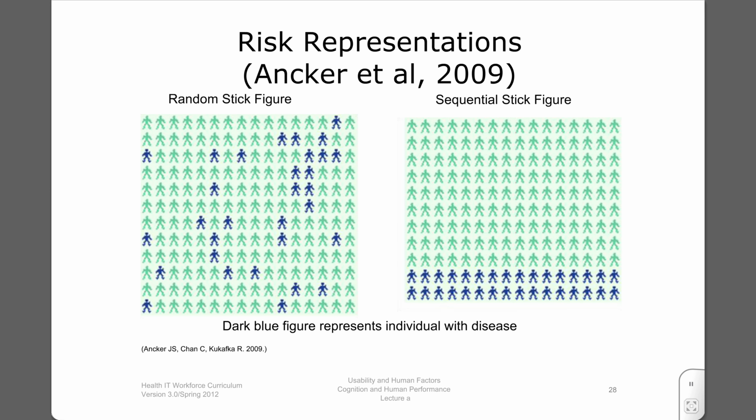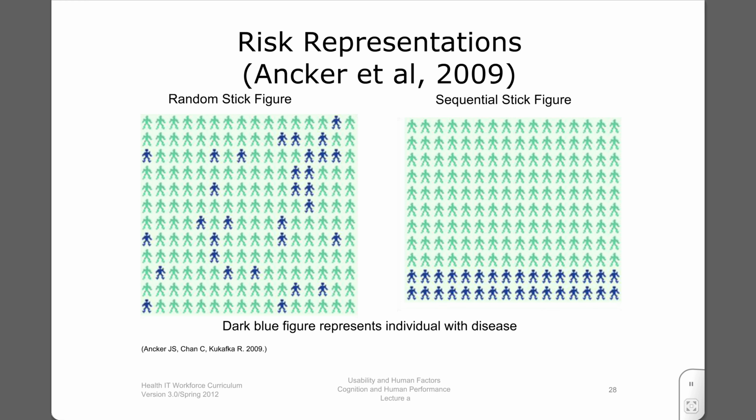Jessica Ancker has conducted research pertaining to communicating risks to patients. For example, if you are 50 years old and smoke, what is your risk of having a heart attack over the next 10 years? How does that differ from someone of the same age who does not smoke? There are two graphics. In the first one, dark blue stick figures who represent individuals with disease are randomly dispersed throughout a population.